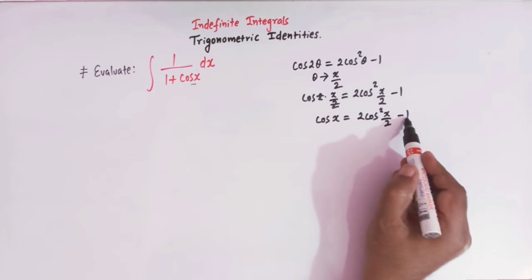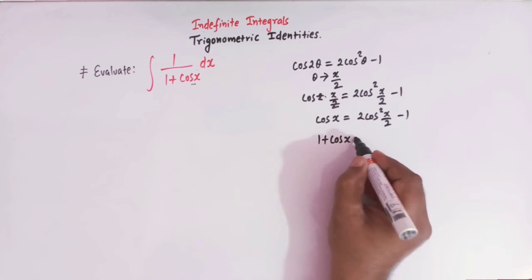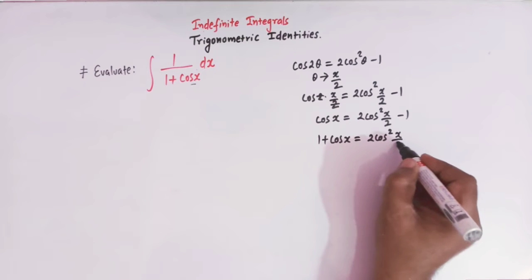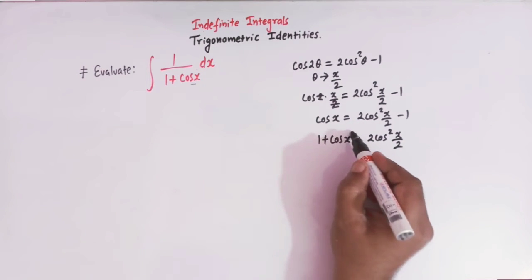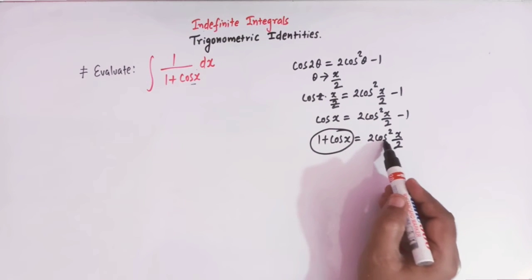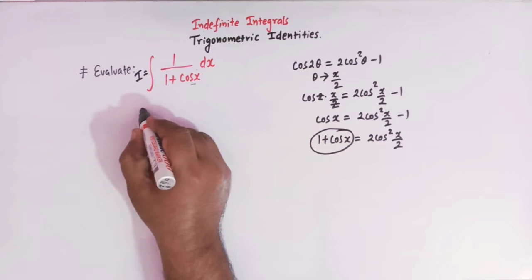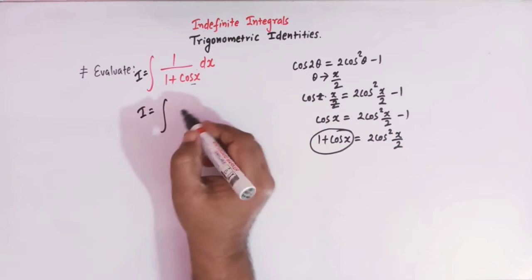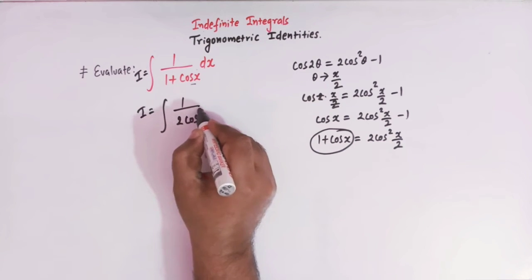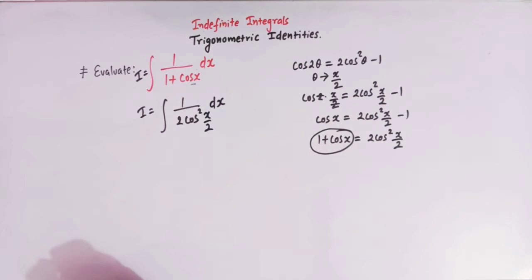Now if we take this negative sign to this side, we'll get 1 plus cos x is equal to 2 cos square x over 2, right? So now we can replace this 1 plus cos x by 2 cos square x over 2, right? So now this integral I becomes the integral of 1 over 2 cos square x over 2 dx, right?